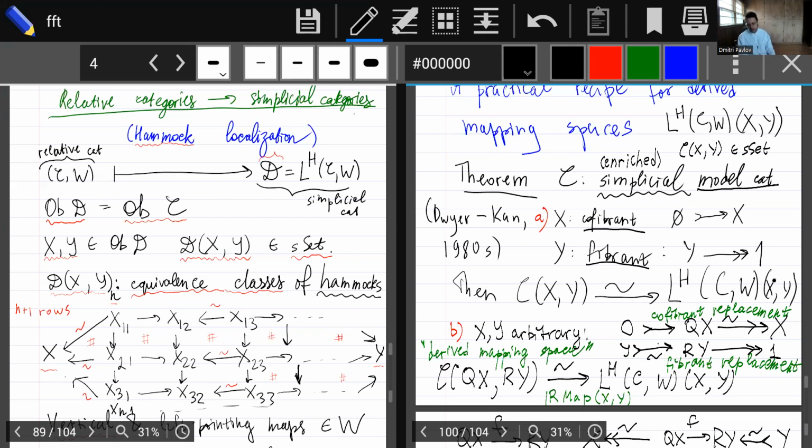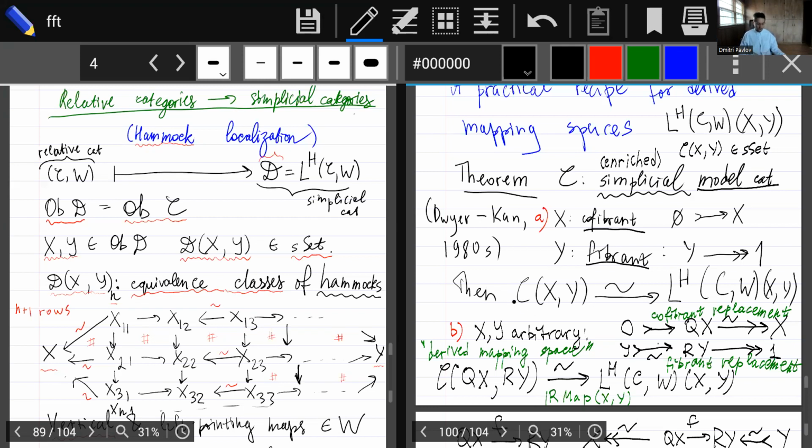So you see, you have a very, very simple recipe. If your model category is enriched in simplicial sets, for example, then you can compute this very complicated and very difficult construction just by taking the enriched Hom that is given to you.